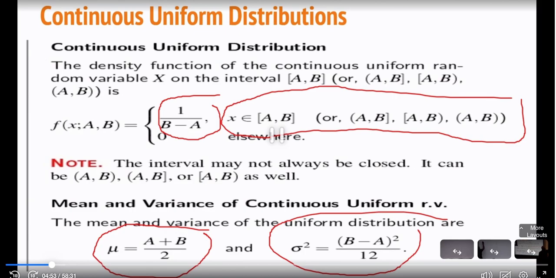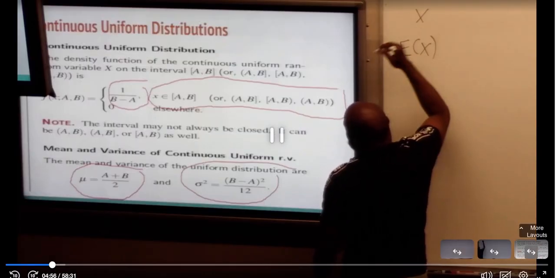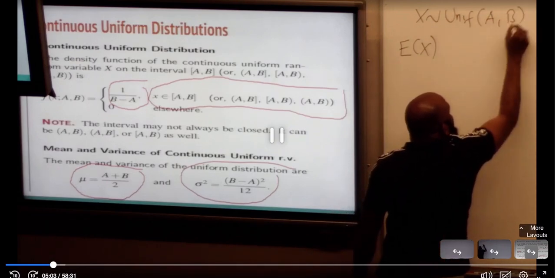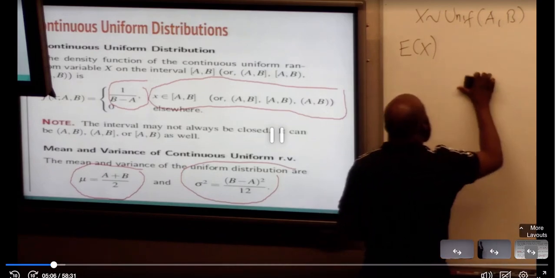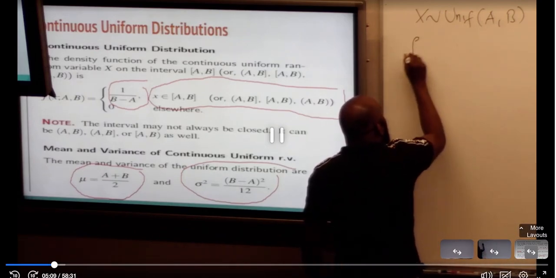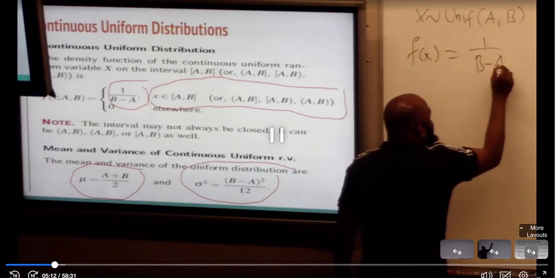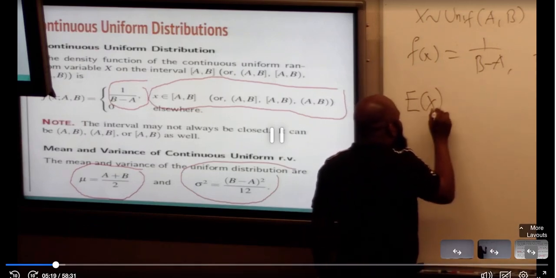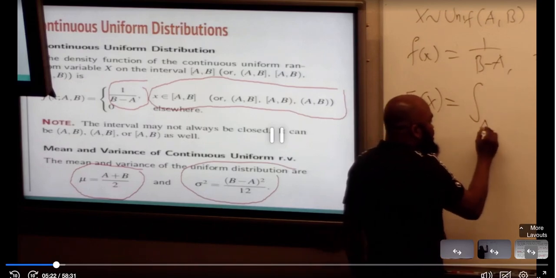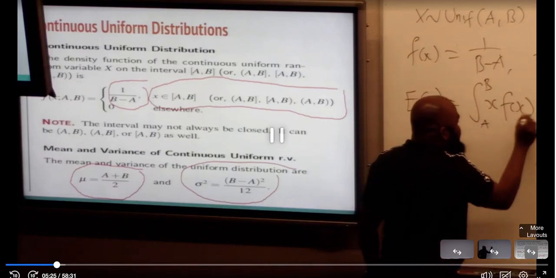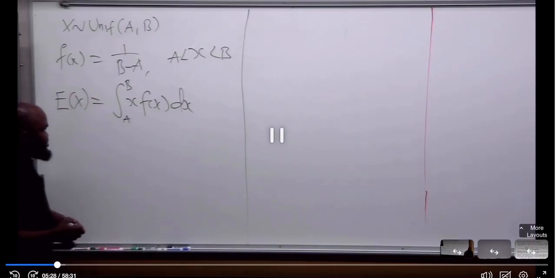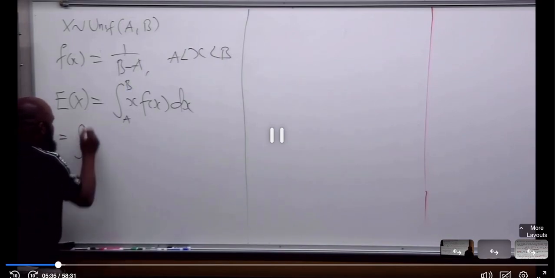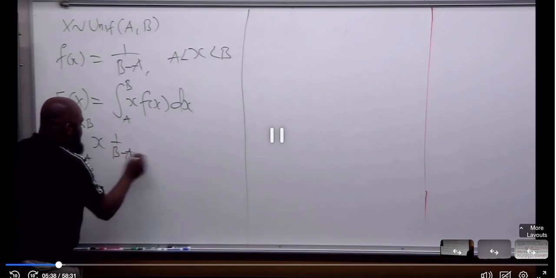If X follows a uniform distribution with parameters A and B, we know that f of x is 1 over B minus A, where x lies between A and B. To find the expected value of X, for all continuous probability distributions, we have the integral of x f of x dx. So from A to B, x times 1 over B minus A dx.